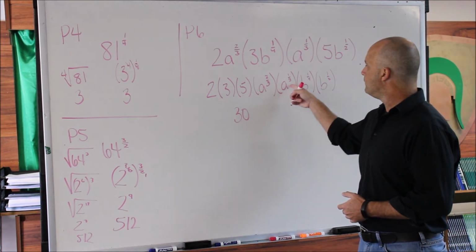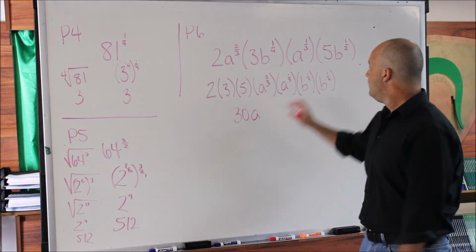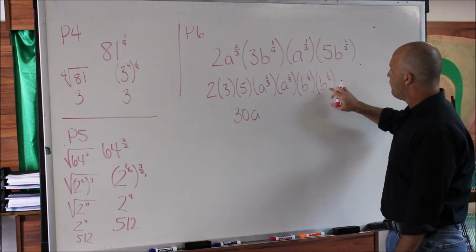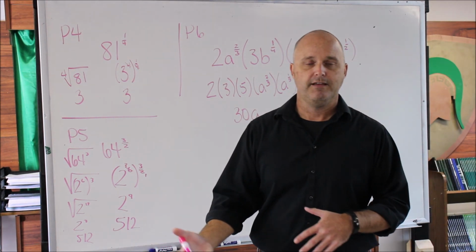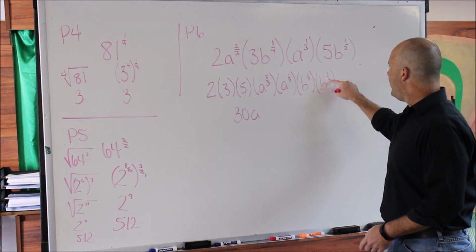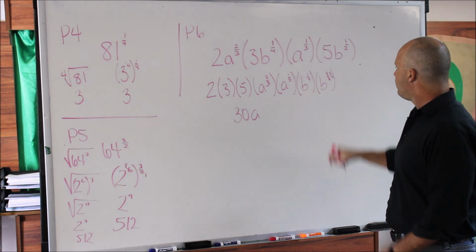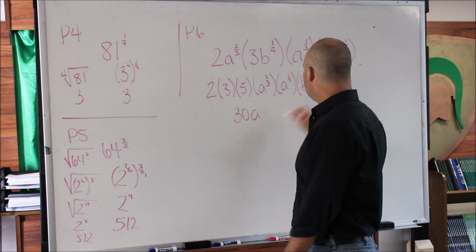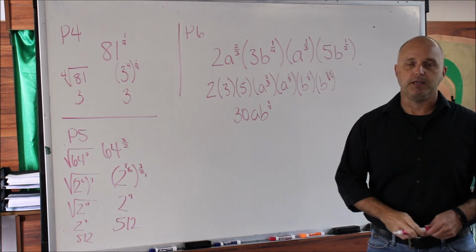So we get 2/3 plus 1/3, which gives us a to the 1st, or a. Then over here we've got b to the 1/4 times b to the 1/2. Again, we're multiplying bases, so we add the exponents. So 1/4 plus 1/2, which is the same thing as 1/4 plus 2/4, is 3/4. So your solution is going to be 30ab to the 3/4.